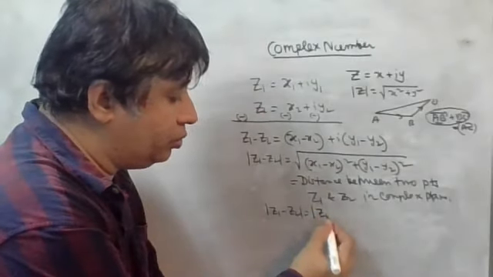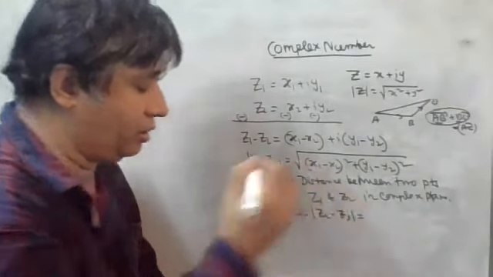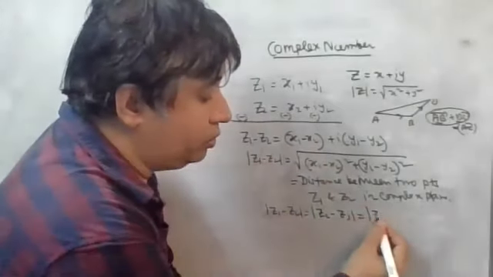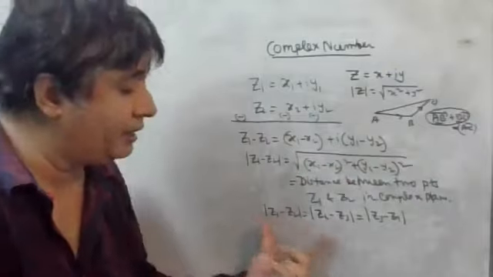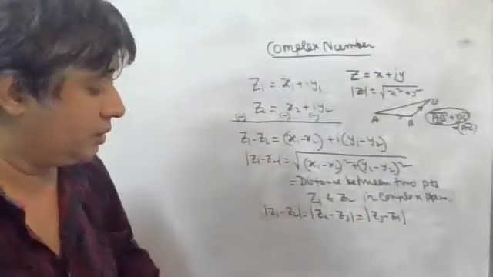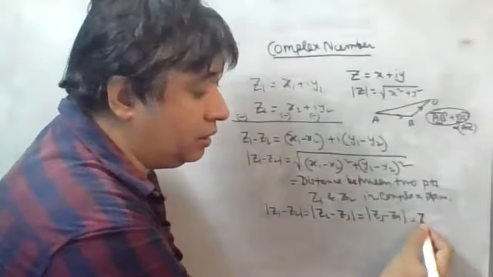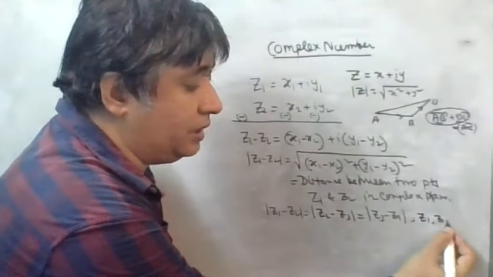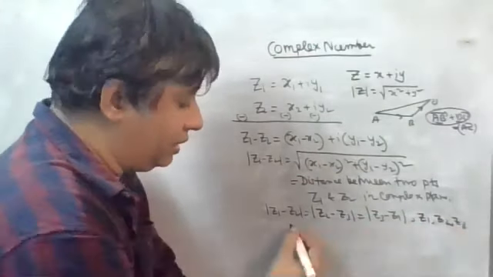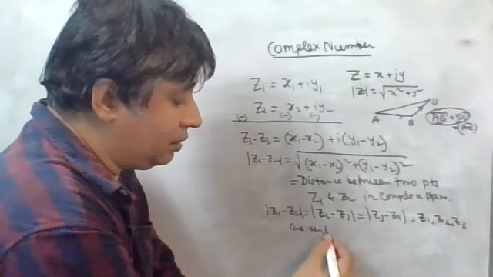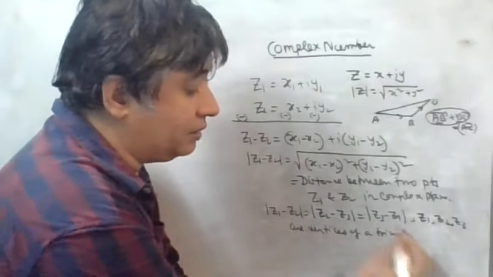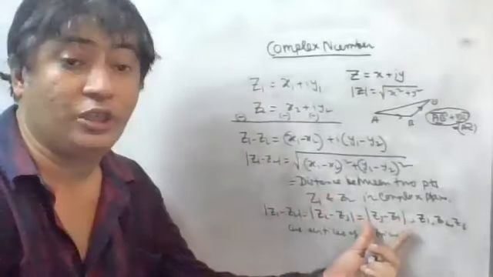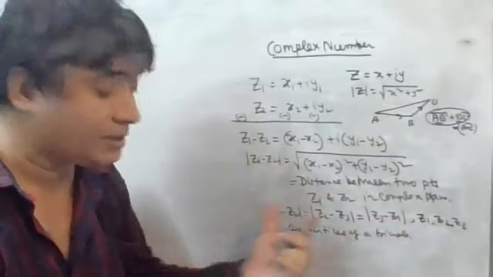So from this result, if I introduce one result like this, say mod z1 minus z2 is equal to mod z2 minus z3 is equal to mod z3 minus z1. If you are getting this result, where z1, z2, z3 are vertices of a triangle, then what kind of geometrical figure does it suggest?